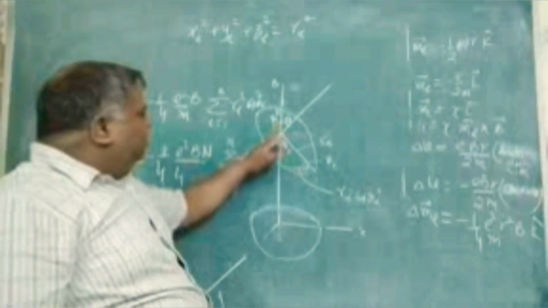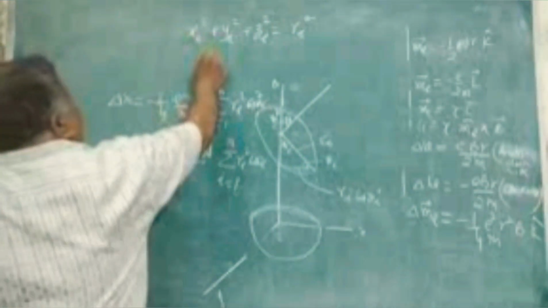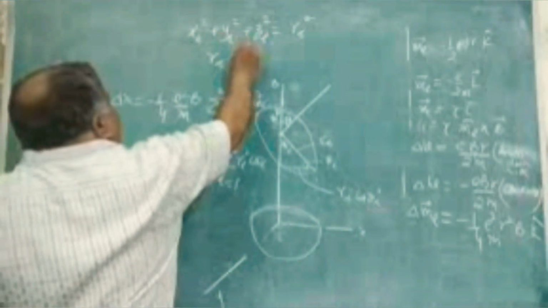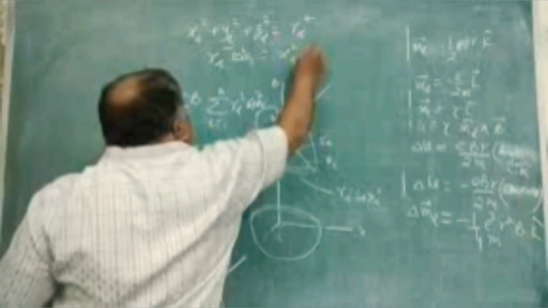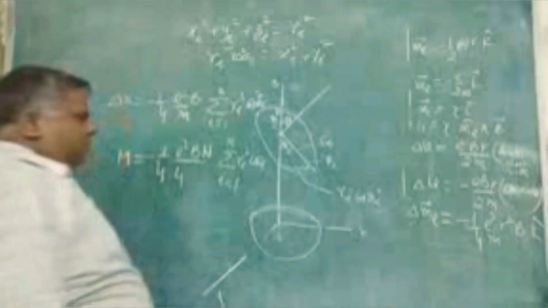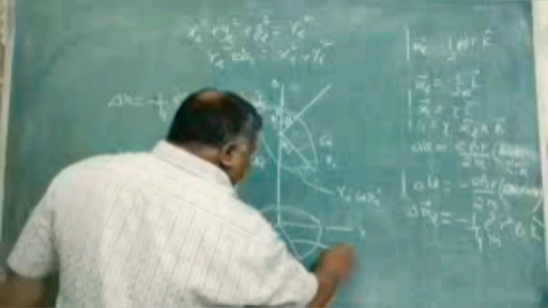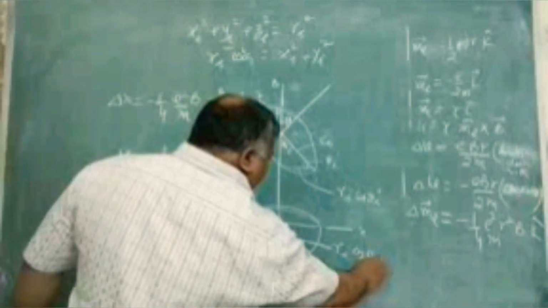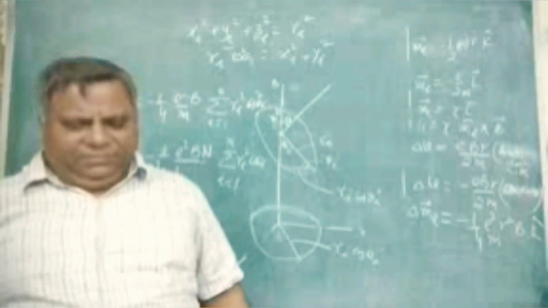And because this is the z axis and this is Ri cos theta i, we have Ri cos theta i square is equal to xi square plus yi square. This is the radius of this circle.